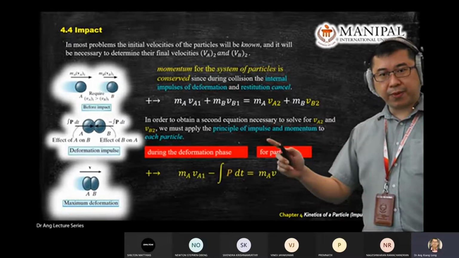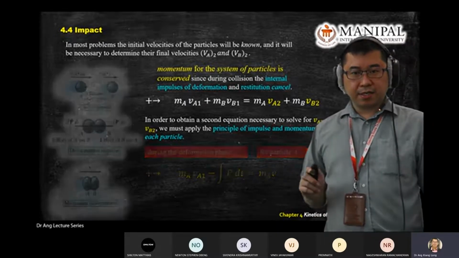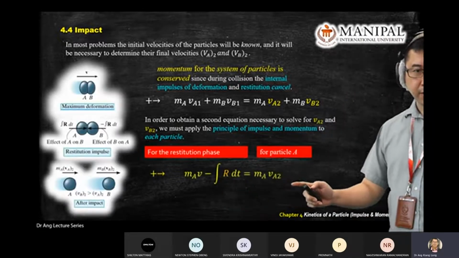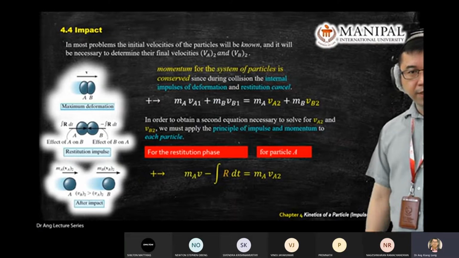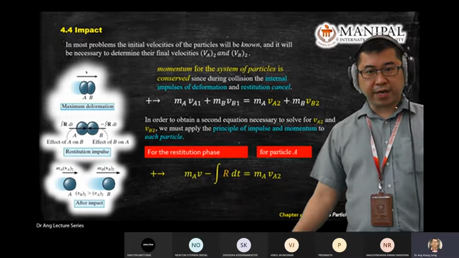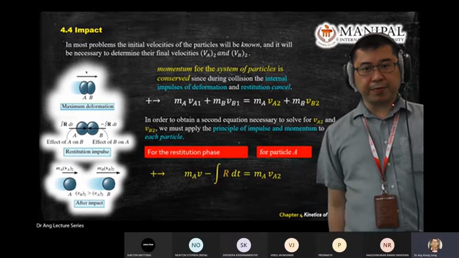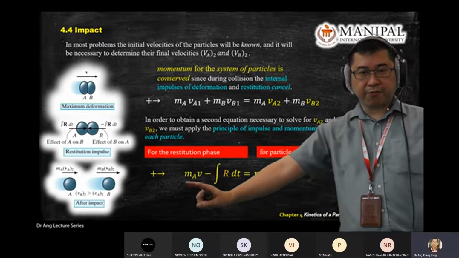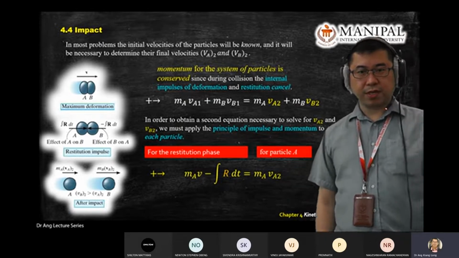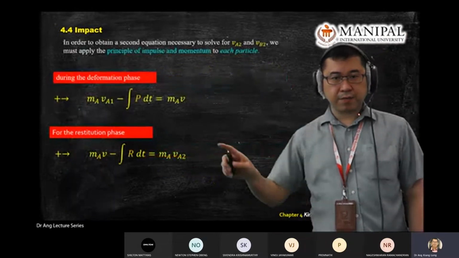Second equation, and then we look at restitution. We have this equation. You have three equations, three unknowns, right? The forces R and P will be given. So you can find your V, you can find your VA2 in the equation.